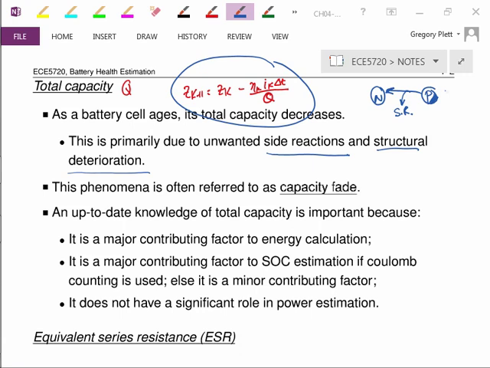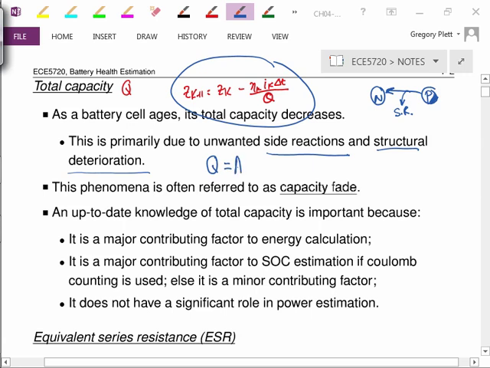You can see this if you go back to the capacity equation that we looked at in the previous course. Capacity is equal to the surface area of the current collector times the width of the electrode times the volume fraction of the solid.